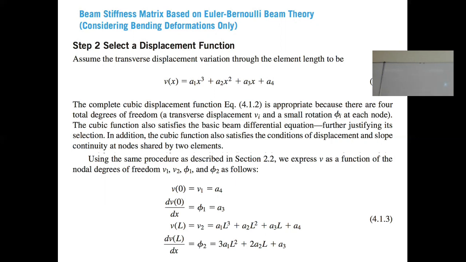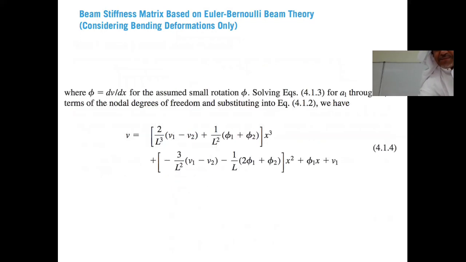And then how do we make the deflection function useful? There is a form to make it useful. You gather the terms that are multiplied by V1 and call it N1, and the terms multiplied by phi1, you call N2. And that's what you see here.